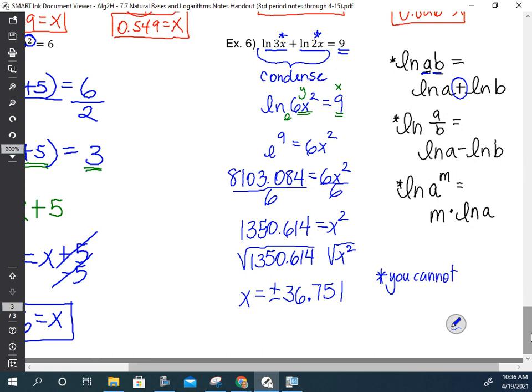You cannot take a log or natural log of a negative number. We couldn't at the start, we can't now. Just because they're natural doesn't mean you can break that rule. So negative 36.751 is out. Your only answer is 36.751.